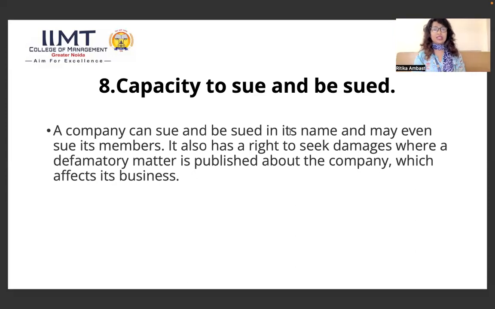A company can sue and be sued in its name and may even sue its members too. It also has a right to seek damages where defamatory matter is published about the company which affects its business, as it is a person. We are treating a company as a human being, so it can be sued too.